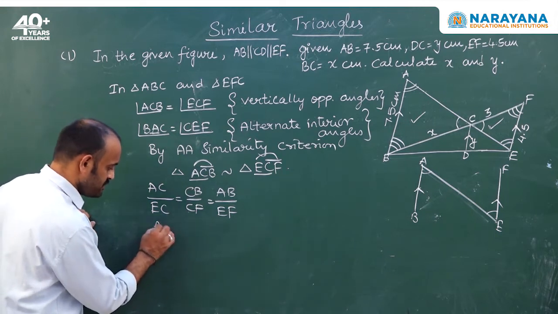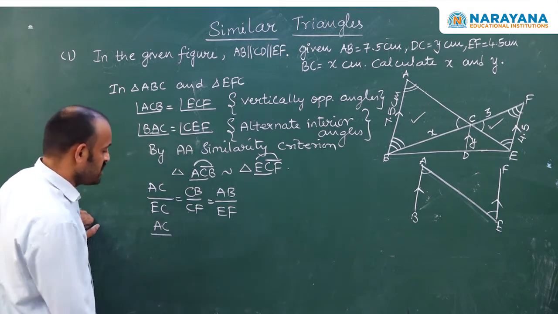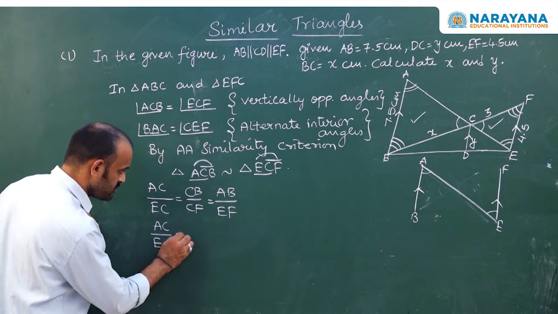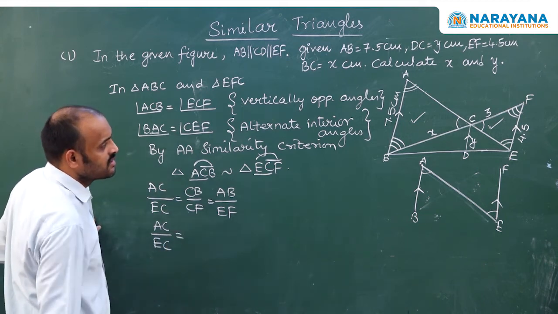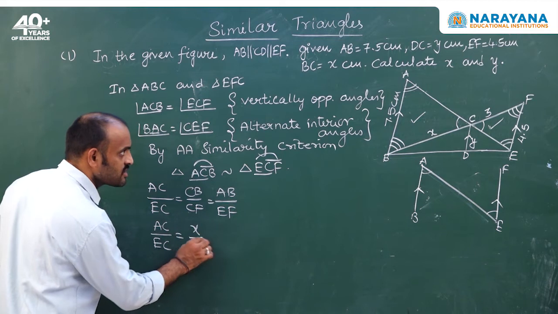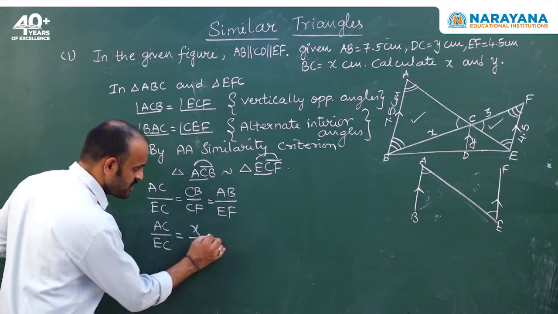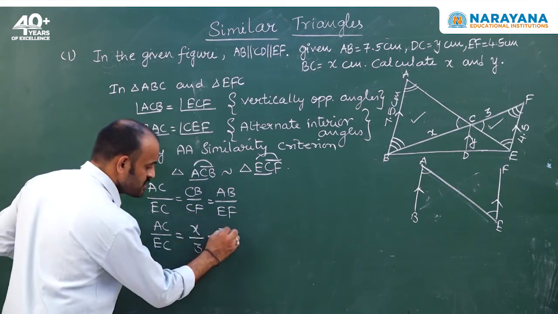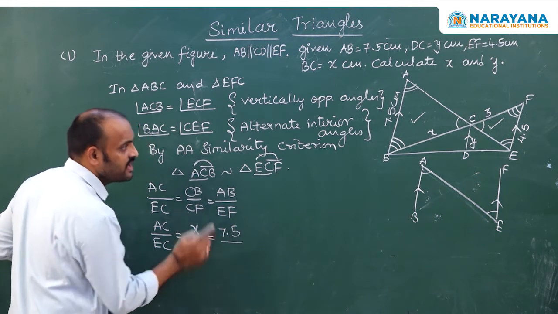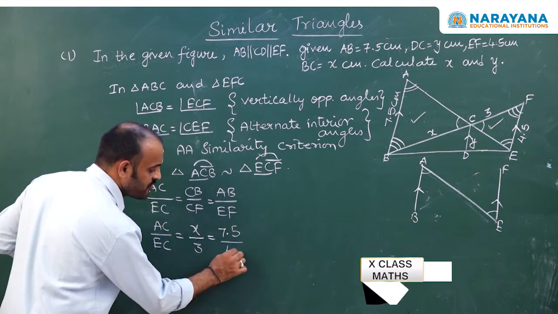That we do not have. What is EC length here? That also we do not have. CB length is x. CF length is 3. AB length is 7.5. EF length is 4.5.